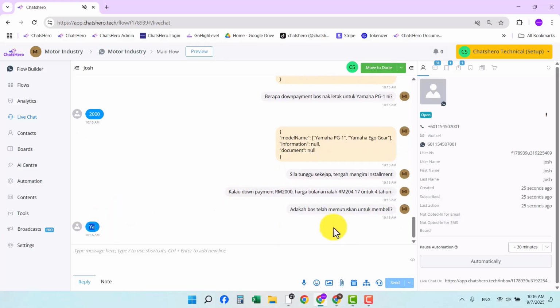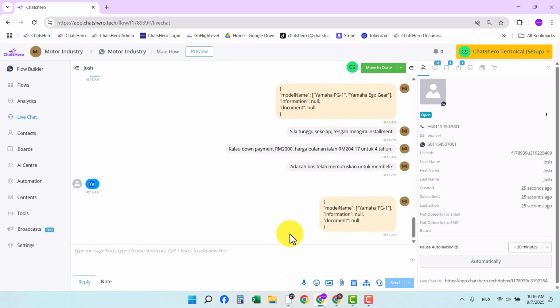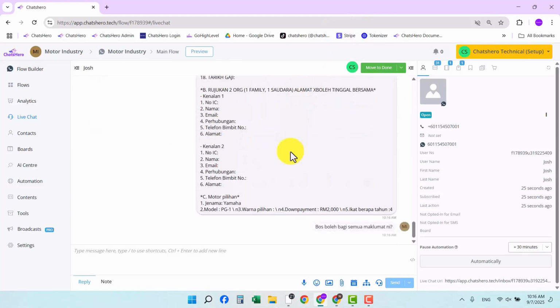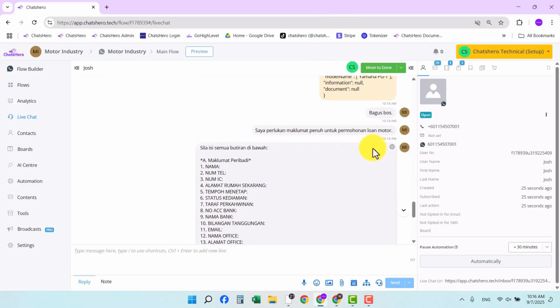Okay, if they want to buy it, okay, after that, we let the AI collect some data from the customer. Okay, so I firmly believe that if you are actively handling various types of loans, especially those like these specific motorcycle loans, you will definitely need to gather some essential customer information to effectively assist them in successfully applying for the necessary loan. Is that clear? Okay, so you can see here's where we collect this information from the customer.